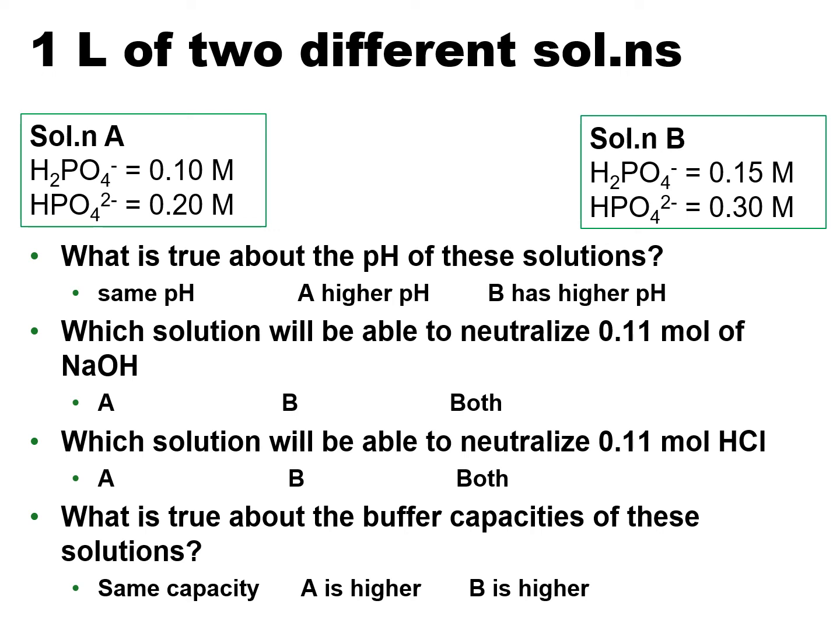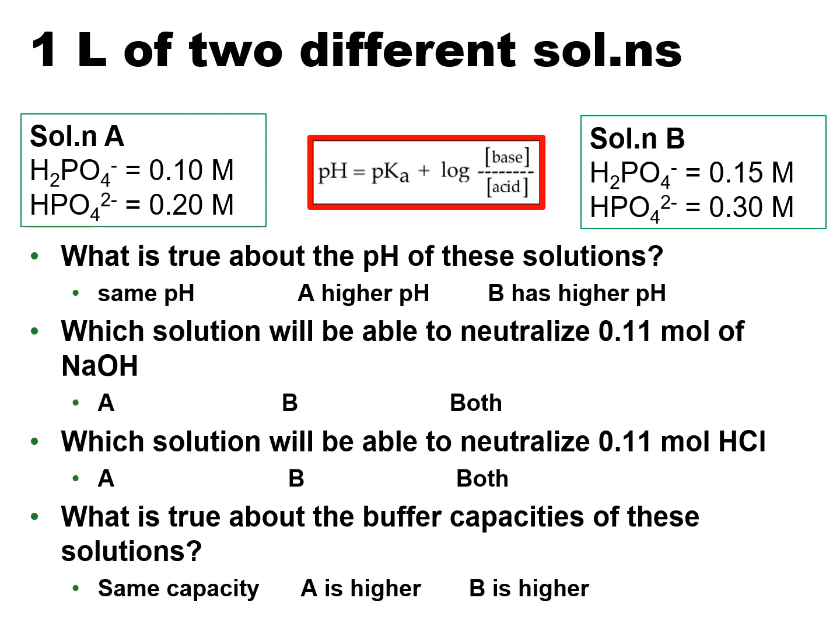Solution B has the same compounds but a different concentration. So the first question is, what if we compare the pH? Do they have the same pH or not? So we can use the Henderson-Hasselbalch equation.